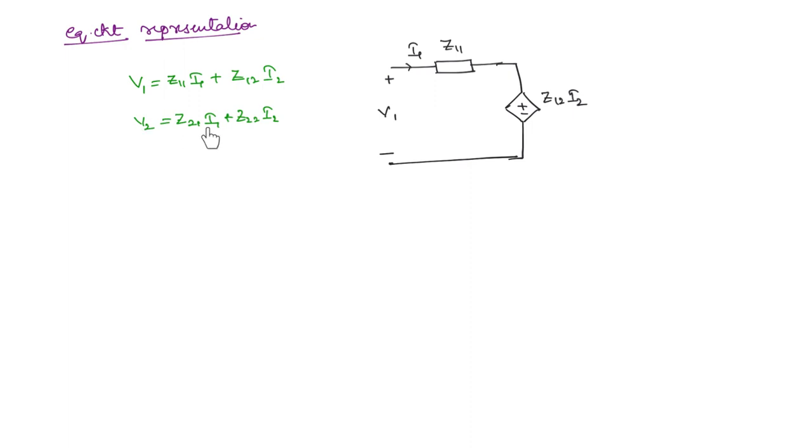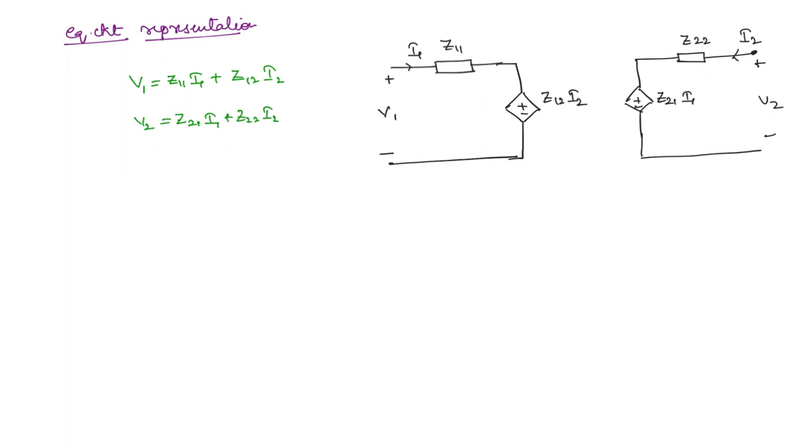Next V2. V2 also we can represent in a similar sense. So here we take a dependent voltage source. What will be the magnitude here? Z21 I1, and the impedance here will be Z22. Okay. So this is voltage V2 and the current flowing through this is I2.